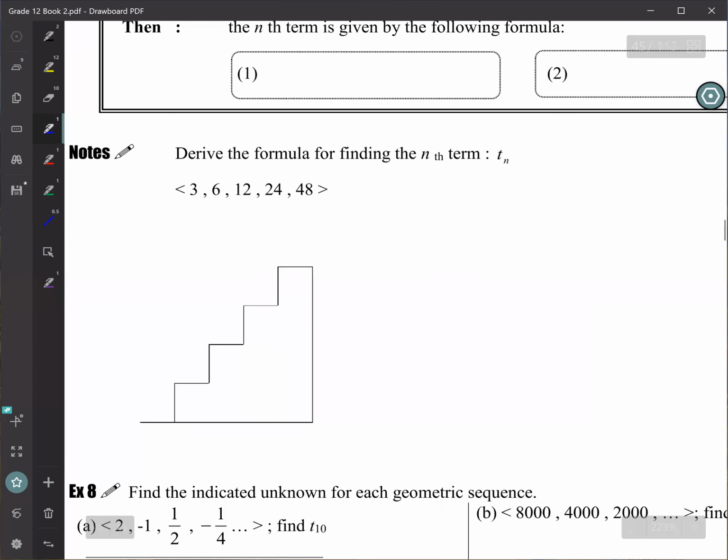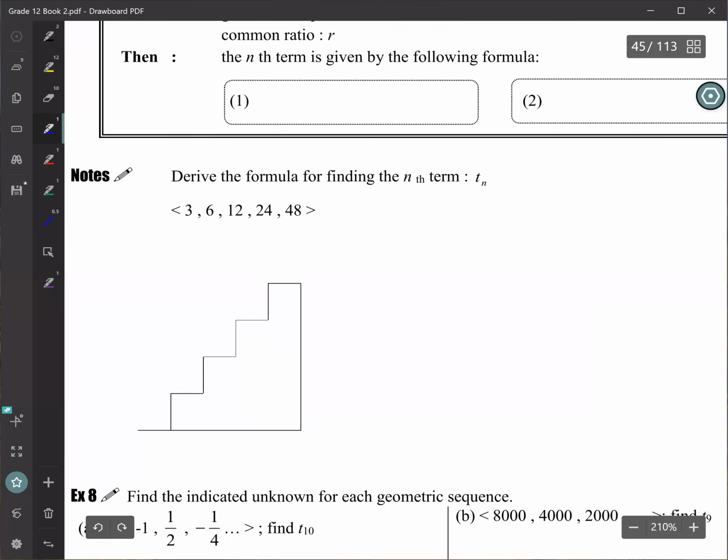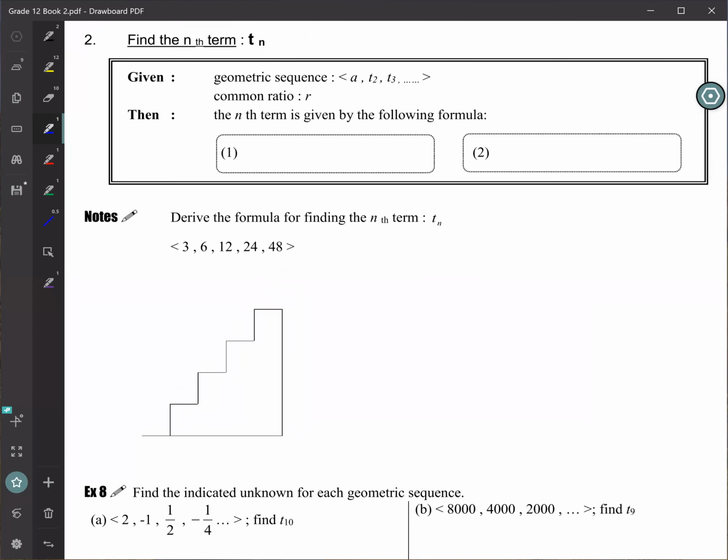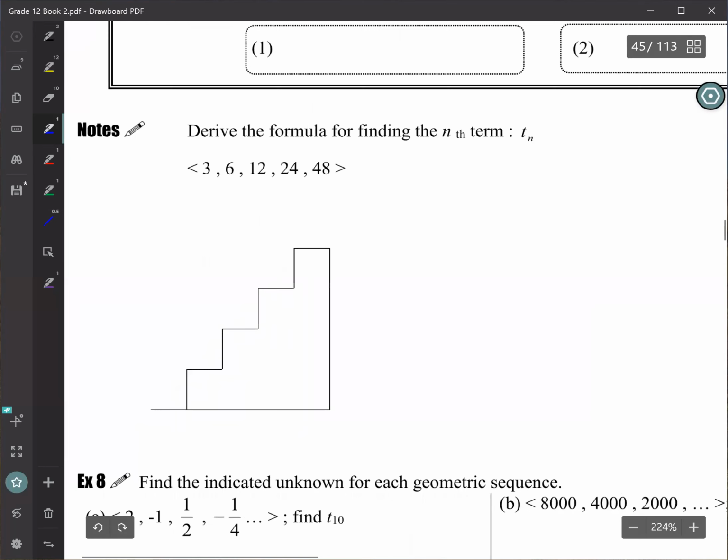Before I begin, can I see a hand if you already know the formula for geometric sequences? Does anyone know the formula already? Because I know some teachers also teach geometric a little bit in grade 10. Okay, that's all right. So let's begin.